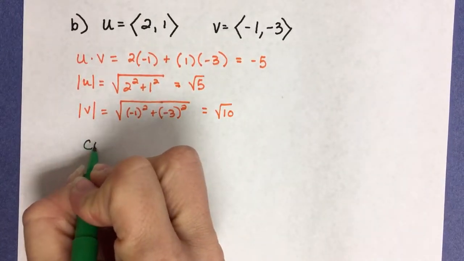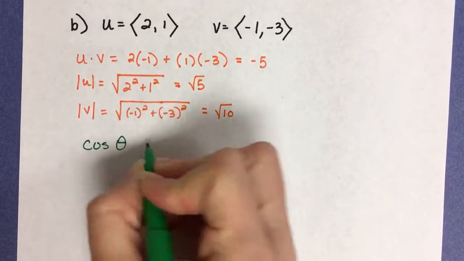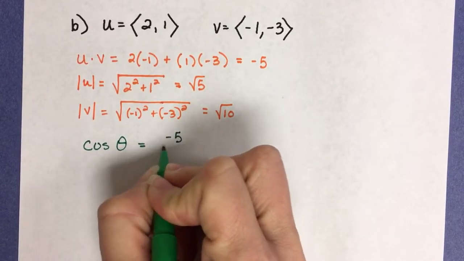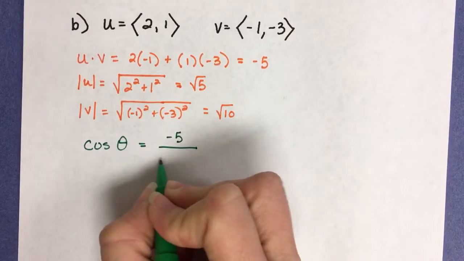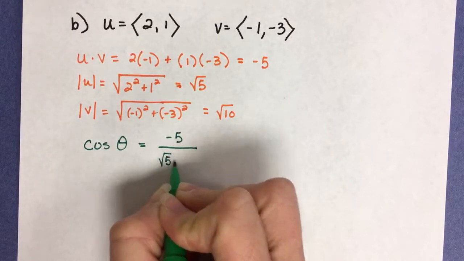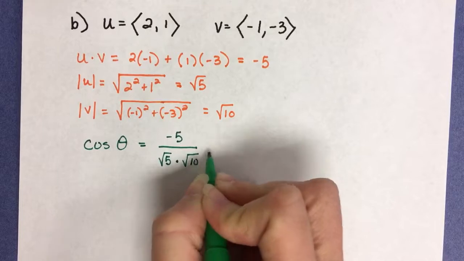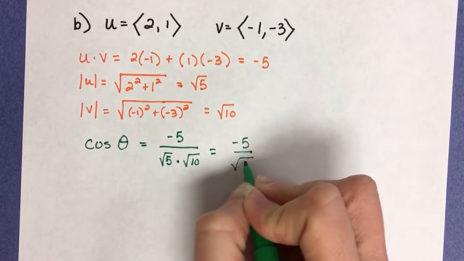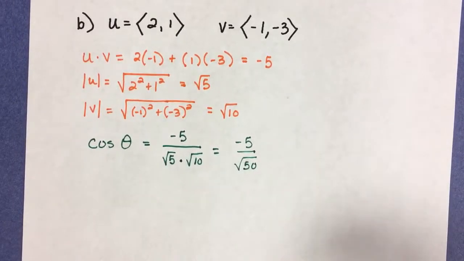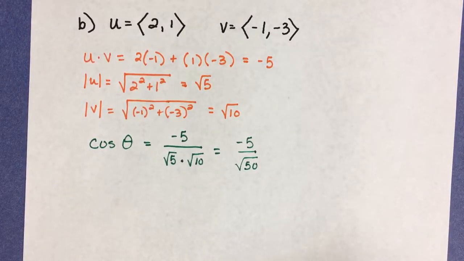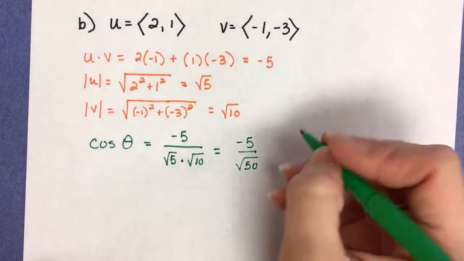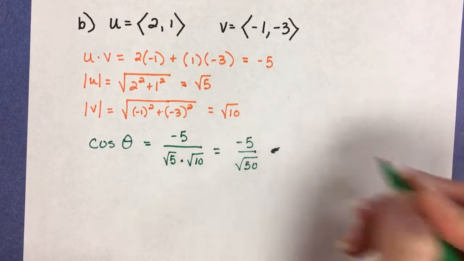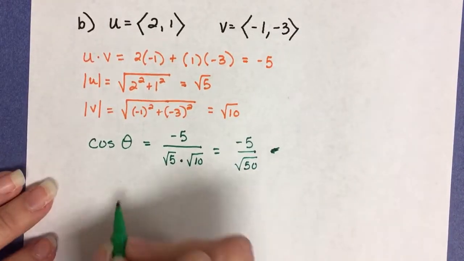Okay, so now using our formula, we have cosine theta equals our dot product as our numerator, and then we multiply the magnitudes, so that would be square root 5 times square root 10, so we end up with -5 divided by square root 50. Now you can simplify the square root of 50, but there's no need to bother simplifying it because we're going to end up putting it in the calculator anyway.